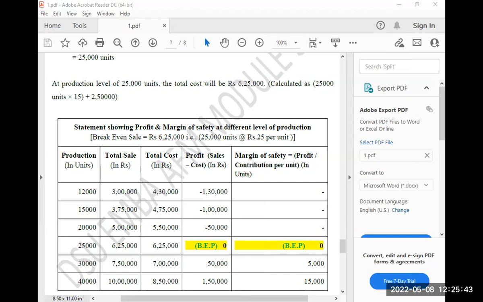So why do we need this? Just a calculation. Why do we need to find out break-even point? What's the use of finding out break-even point? We already decided to take the business. We're going to do it. How much pressure can you give the sales guy? That is what the break-even point is going to tell you.